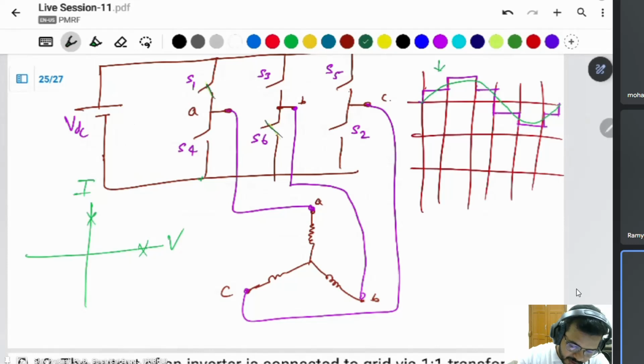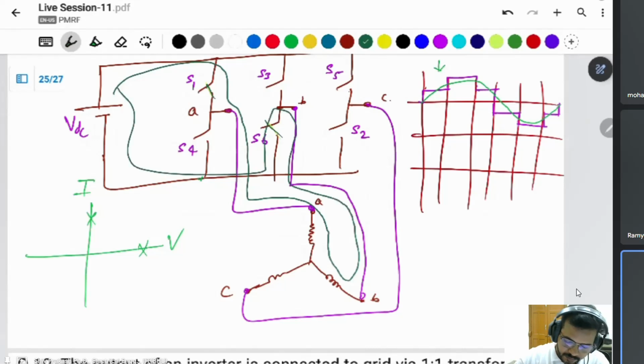Then current is flowing like that, making a path AB, so voltage VAB is there, and C voltage is 0.